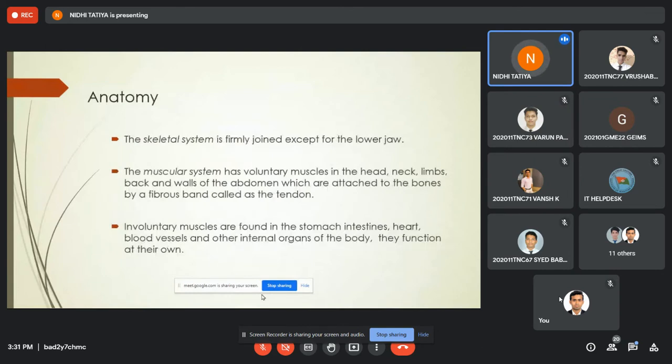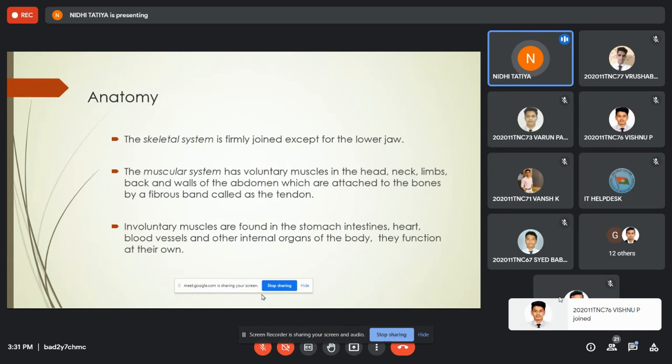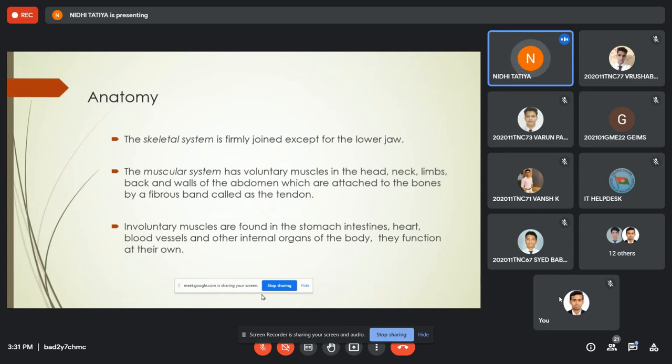Also, what is important is the muscular system. It has two types of muscles: voluntary muscles and involuntary muscles. Voluntary muscles are the muscles which listen to you and follow your command, and involuntary muscles are those which do not listen to your command. Say, if you ask your neck to move, will it move?